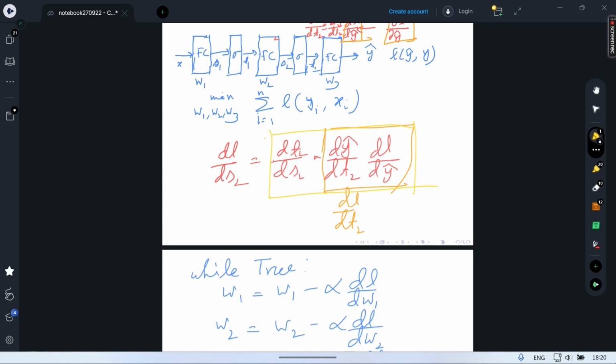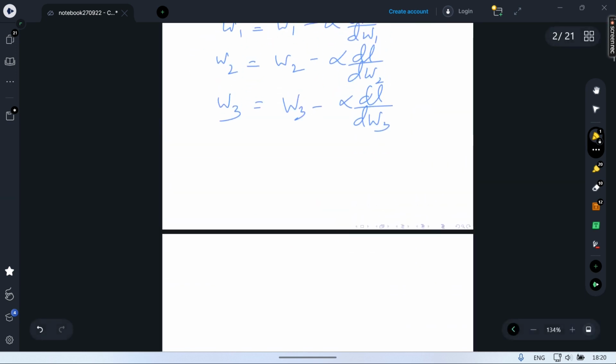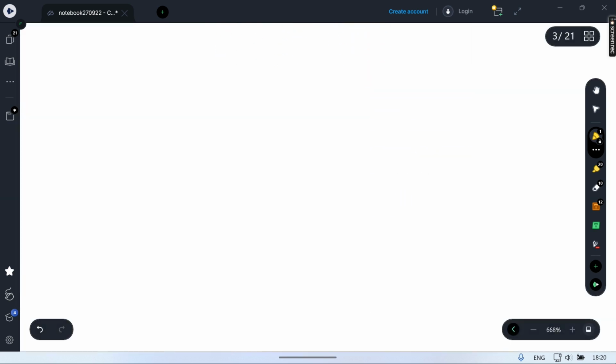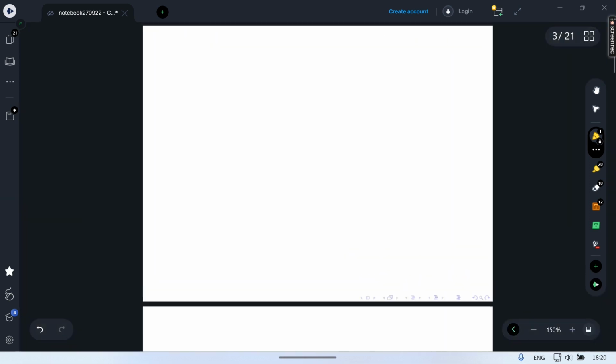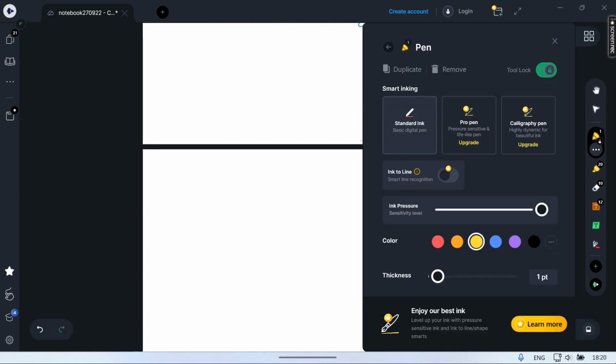Now, as the number of layers increases, such multiplication also increases. For example, consider some n layer deep neural network model.